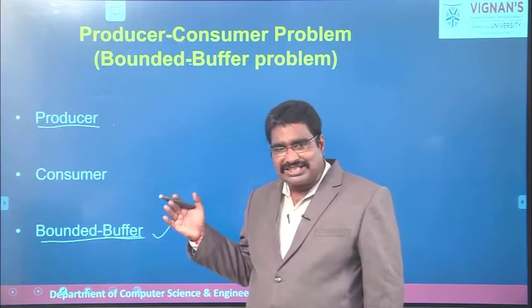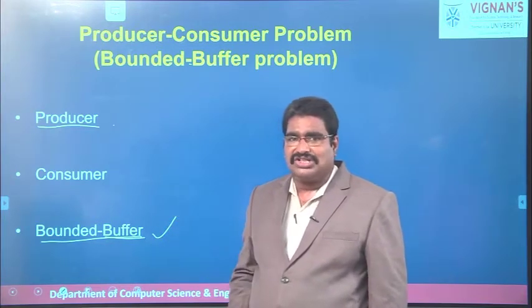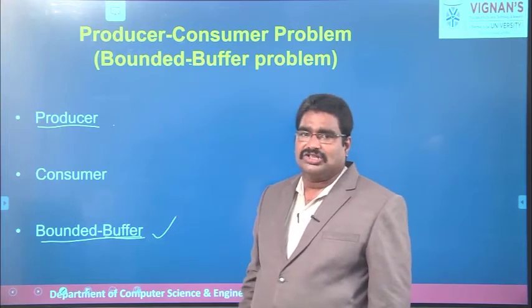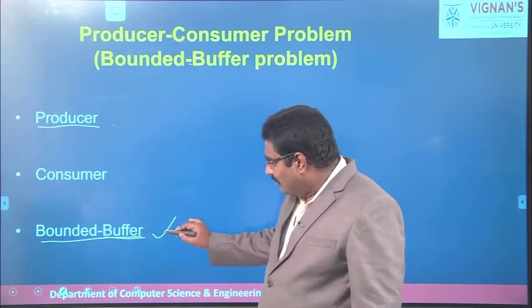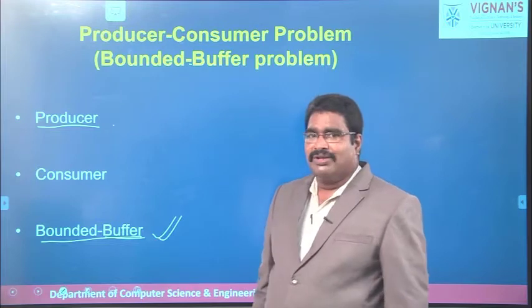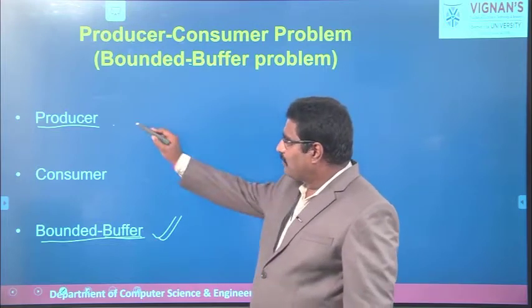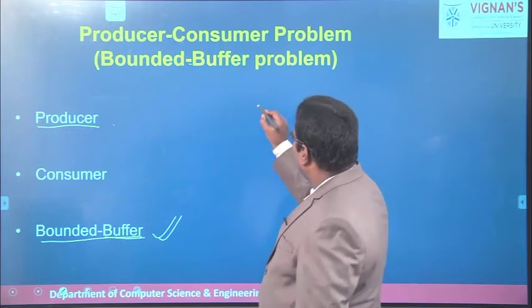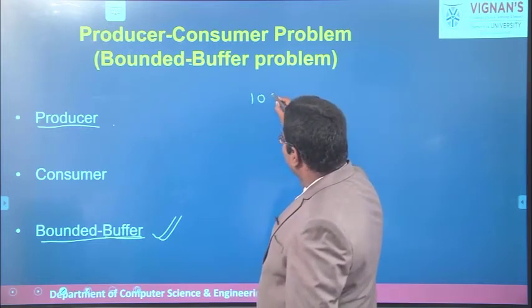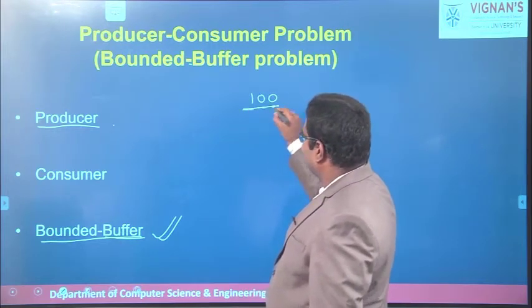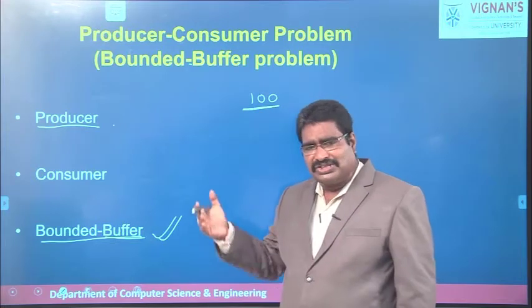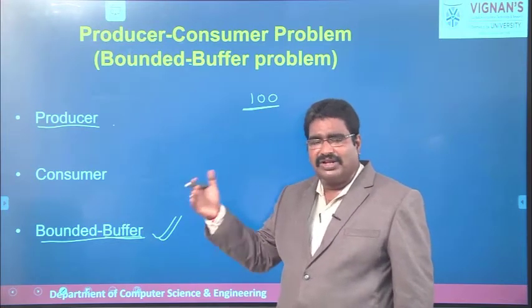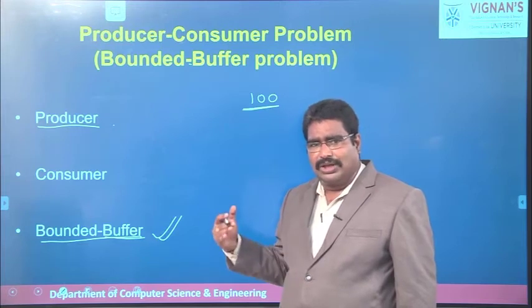Now we discuss the need for synchronization between the producer and the consumer processes if they are using the bounded buffer. For example, we assume that the producer produces items and those items are placed into the buffer, and the maximum size of the buffer is 100. The producer is allowed to place the first item in the buffer, the second item, and so on.